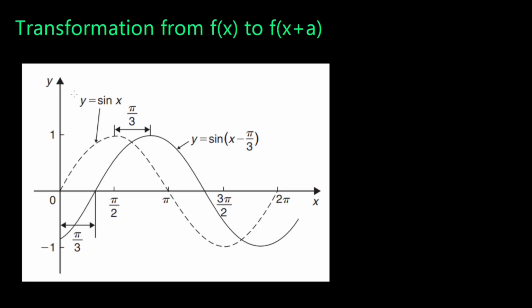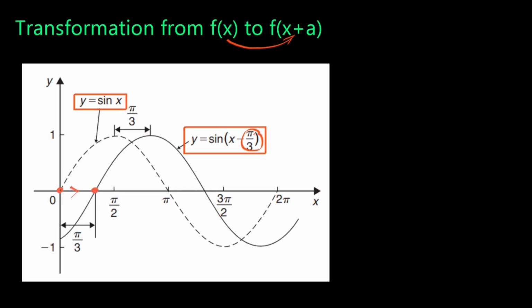In simple transformation of the curve y equals sin x to y equals sin x minus pi by 3, the curve is shifted pi by 3 units parallel to the x-axis, because in this transformation there is a direct change happening from x to x plus a. So the point on the curve y equals sin x, which was at the origin initially, got shifted along the x-axis to pi by 3.